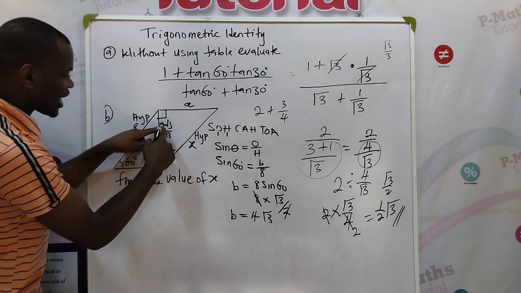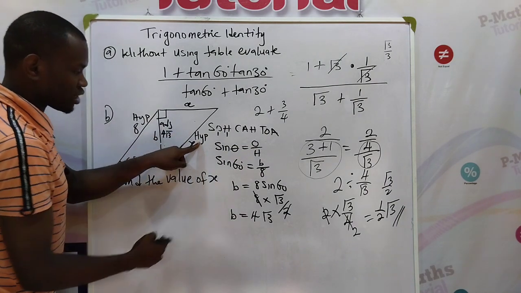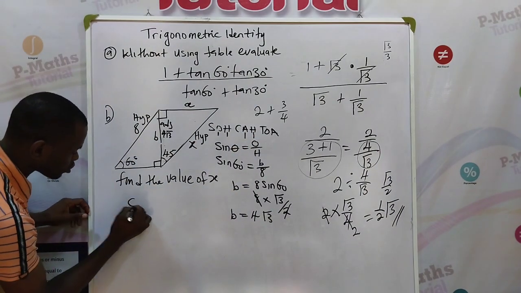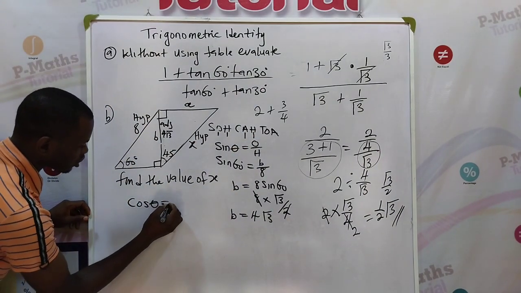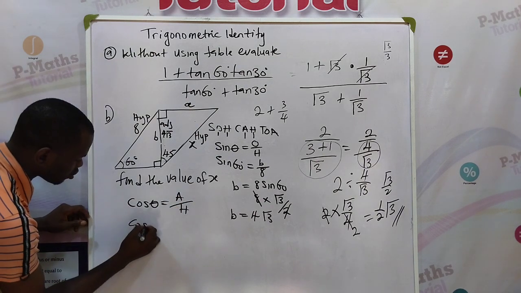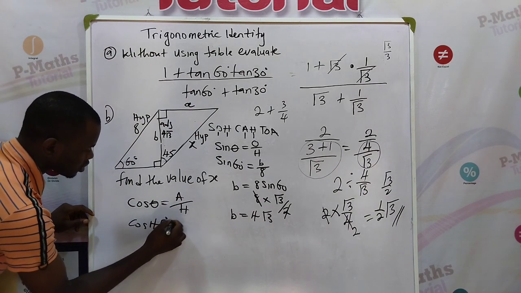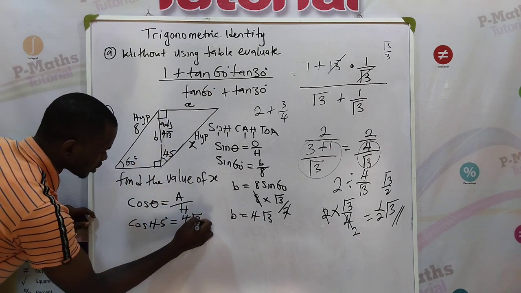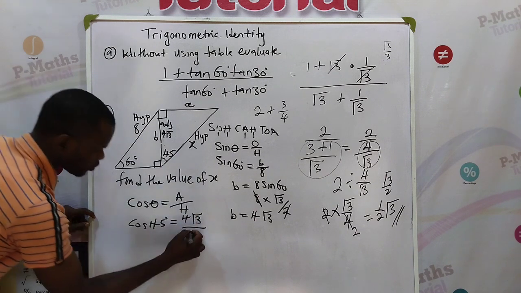Where do you have adjacent and hypotenuse? A and H. So we make use of cos theta equals adjacent over hypotenuse. That is cos 45 degrees equals, our adjacent is 4 root 3 over x.